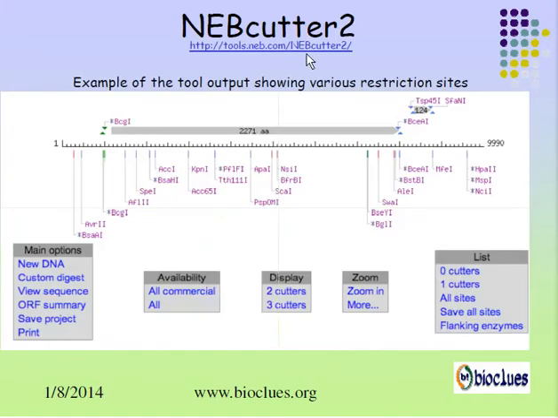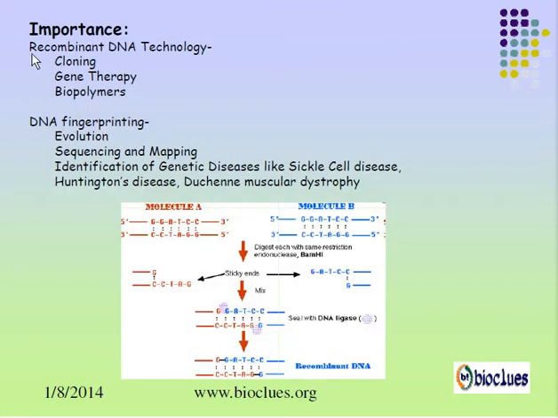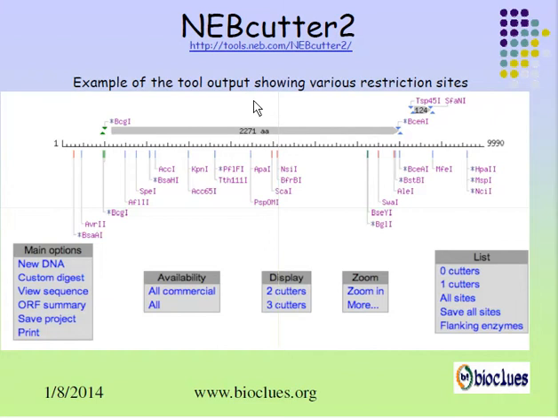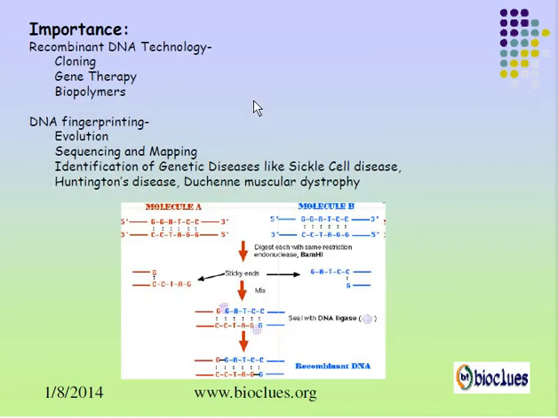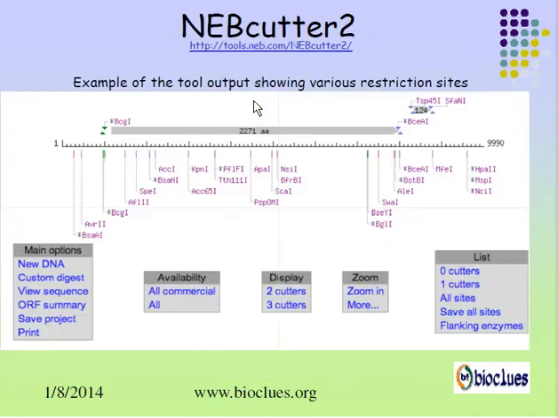Right. NEBcutter is a tool. It's an online tool where, let's say you are performing recombinant DNA technology. Instead of spending hours in the lab trying to identify the splice sites or the restriction sites of your sequence, and experimenting with different restriction enzymes, you could give your sequence in this tool, and it would give you the restriction sites and the possible restriction enzymes that could work on your sequence.